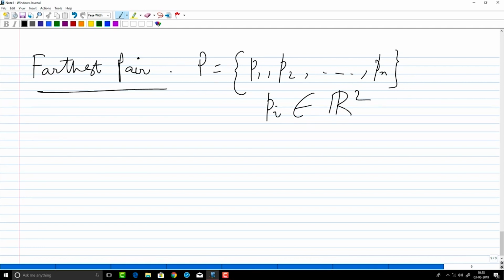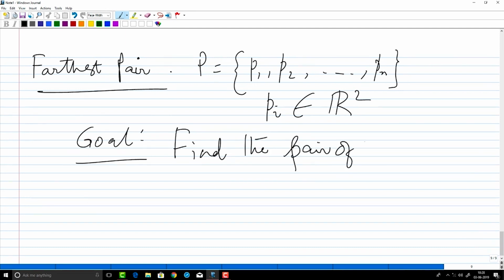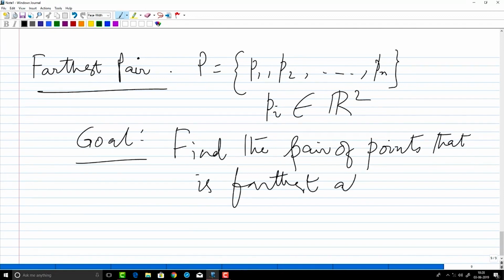Okay. So, it is in R2, and as in the earlier case, my goal is to find the pair of points that is farthest apart.